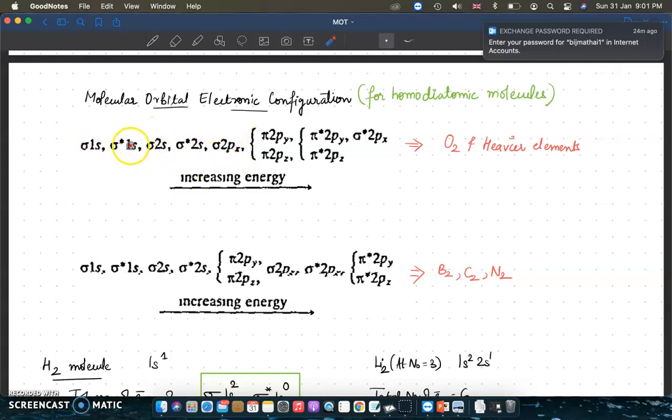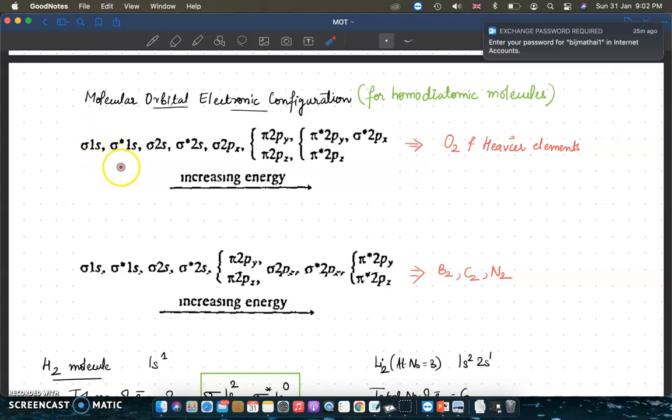Always 1s is the lowest, then 2s, then 2p, and so on. The sigma representation is basically head-on overlap. We know s orbitals undergo head-on overlap, so they lead to a sigma molecular orbital. When 1s orbitals combine, it is represented as sigma 1s.